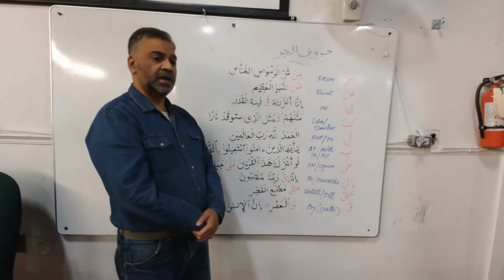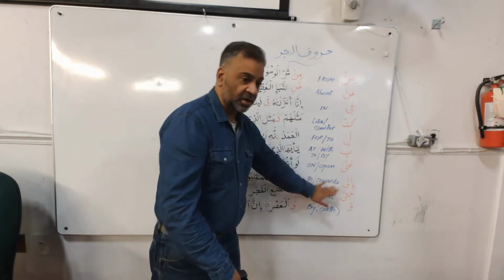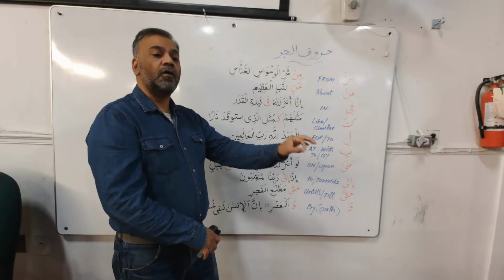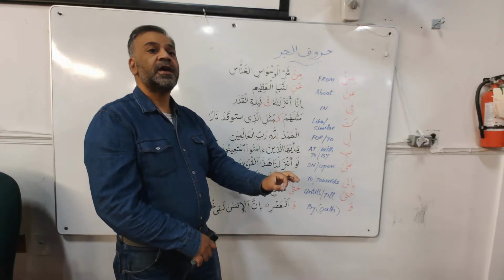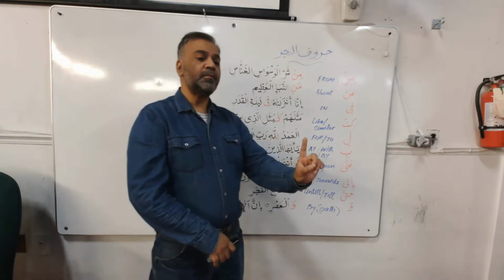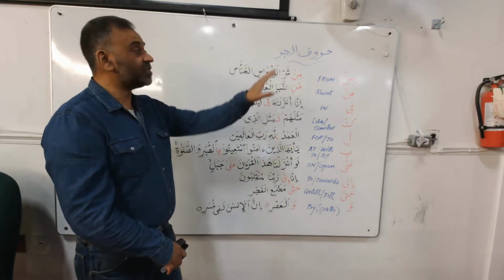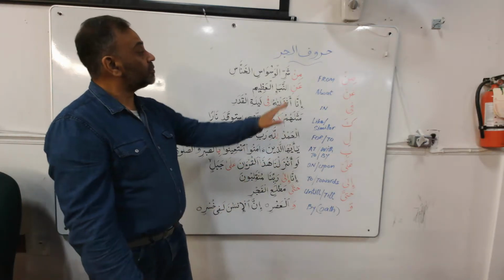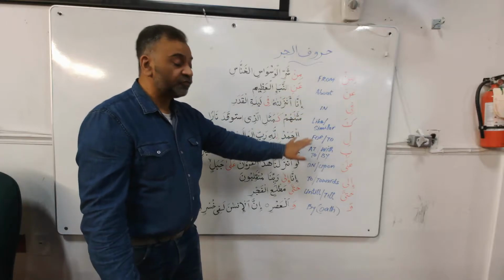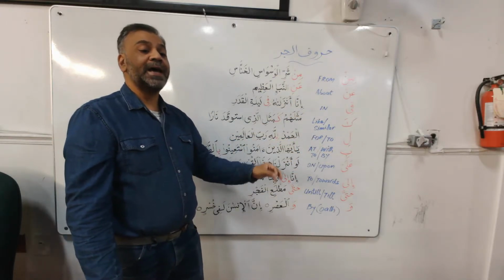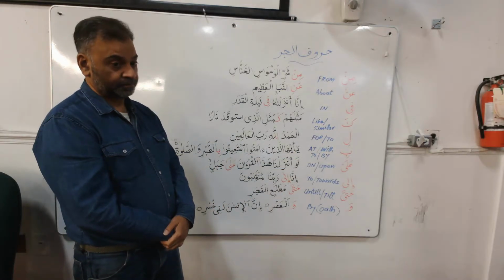Whenever these hurufs come in the Quran, they will always, always, and always be followed by a noun, an ism. So that's number one for us. For us to understand this tool, we need to understand that these huruf jarrin will always be followed by a noun, by an ism.